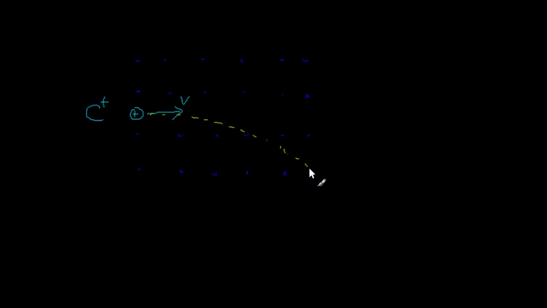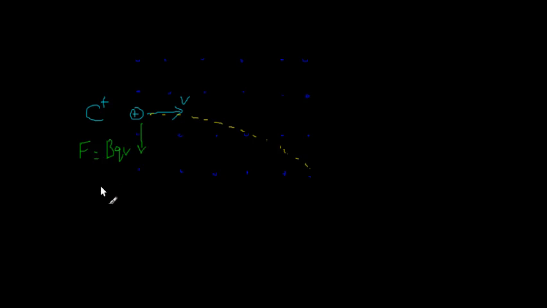As it moves, the magnetic force would cause it to change direction, because there's a force pulling it downwards. There's this magnetic force that pulls it downwards. Now this magnetic force is the BQV. It's given by this formula. Right.